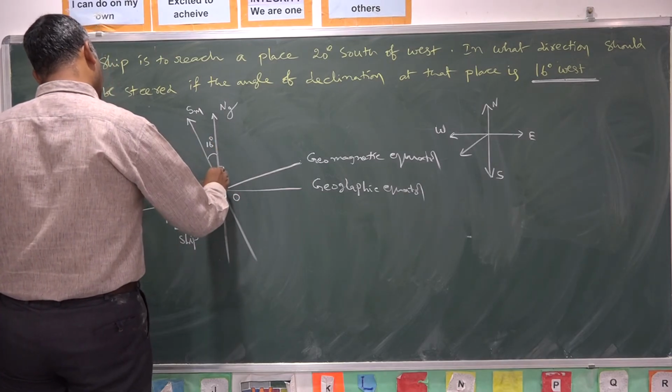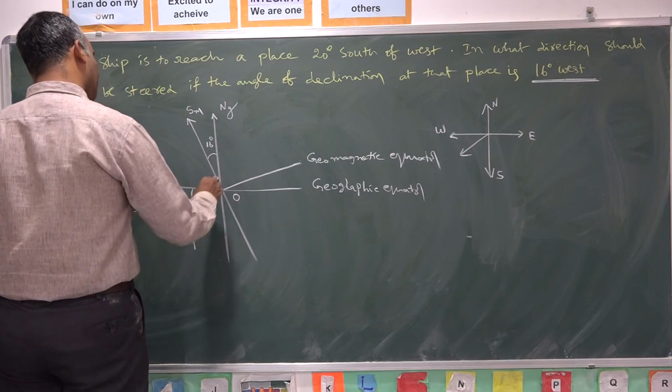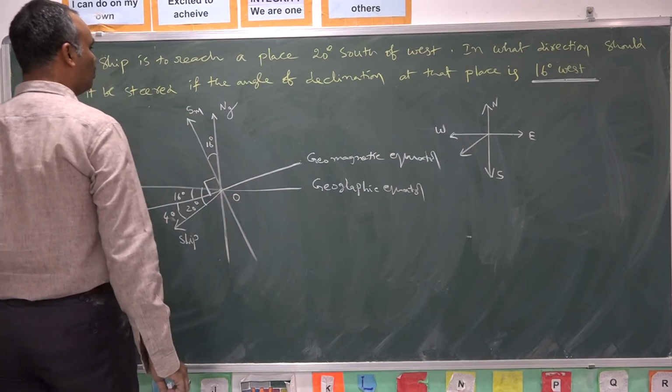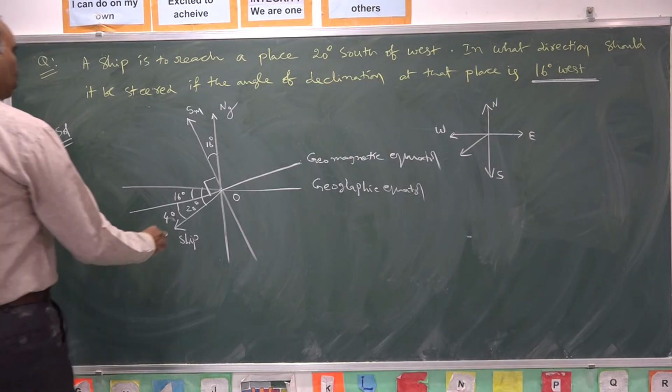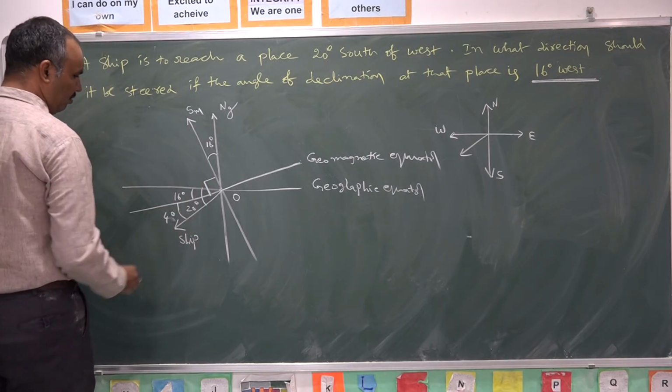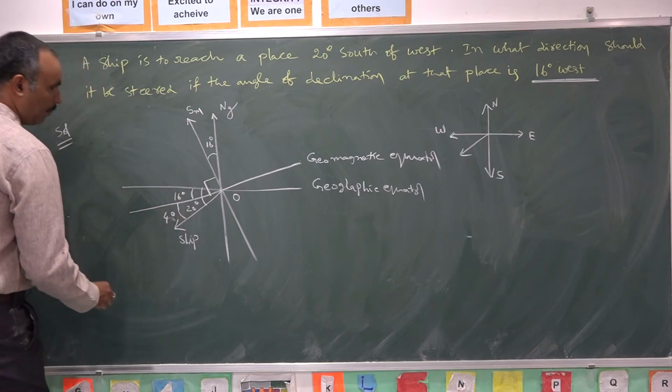Hence we should say the direction through which the ship has to be steered with respect to the geomagnetic axis. So the ship should be steered at an angle 90 plus 4 degrees.